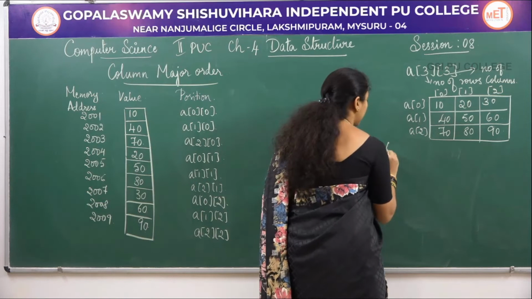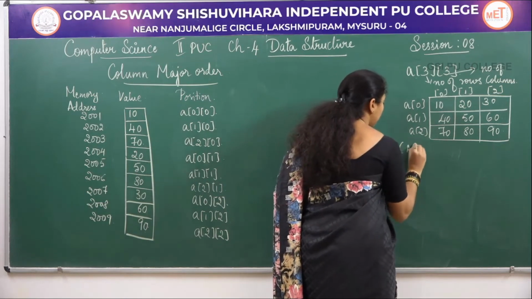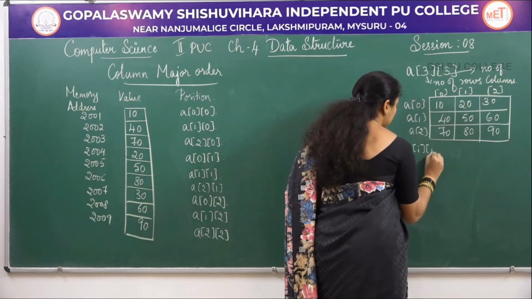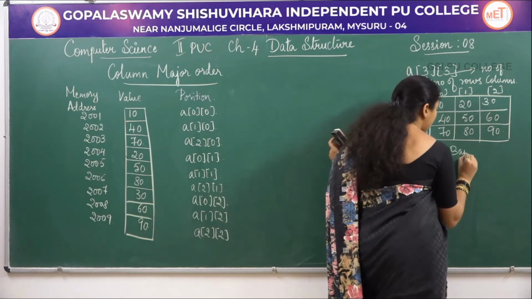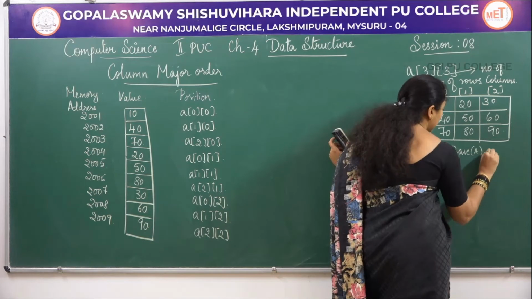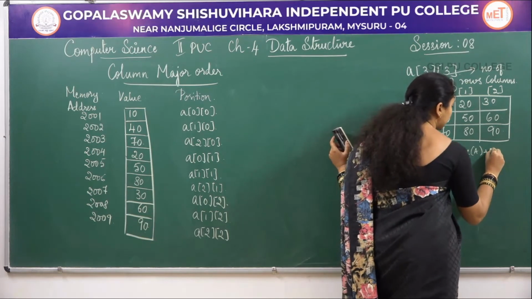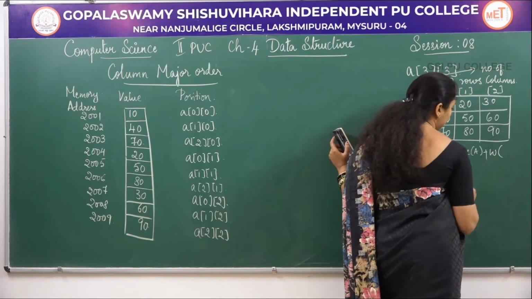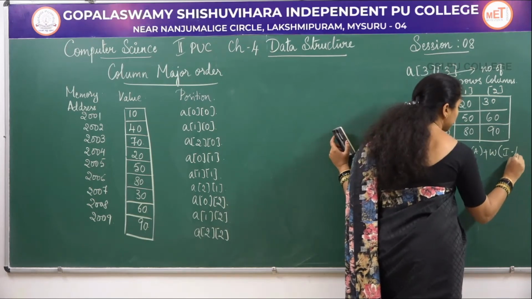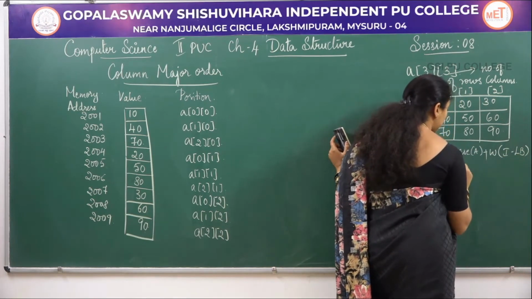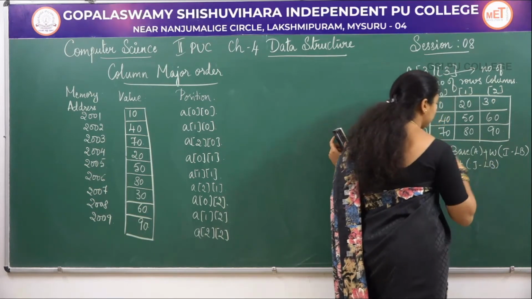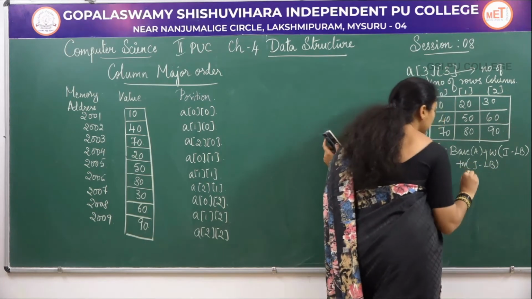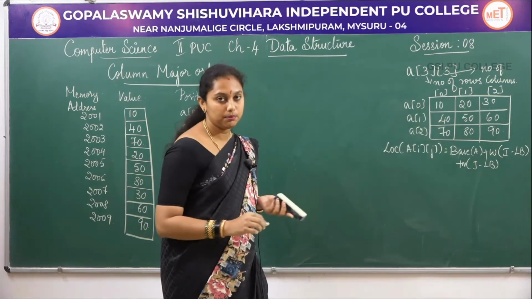That is location of A of I, j is equal to base of A plus W into I minus LB plus J minus LB, M into J minus LB.